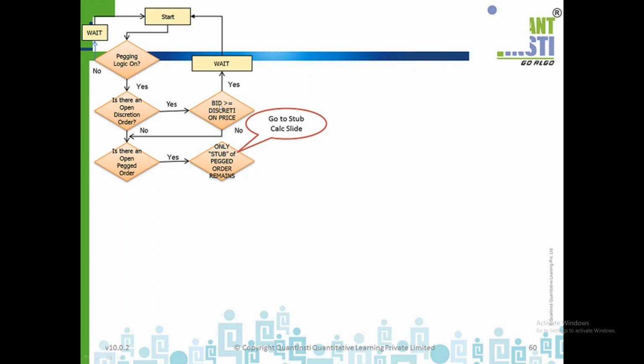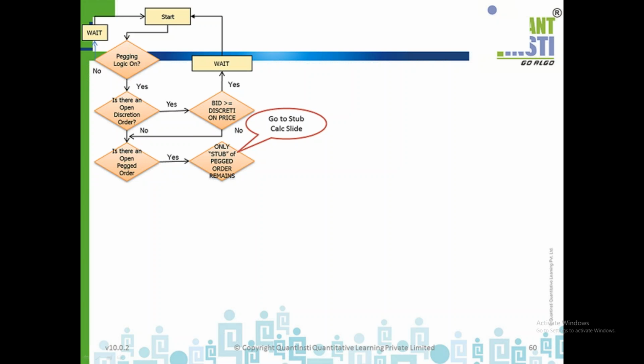So if the bid-ask spread is less than the discretion price, then I could have fired an order that can execute immediately, right? So I will check if there is an open pegged order. Do I need to modify it? Do I need to cancel it or whatnot? So it needs to check that, right?